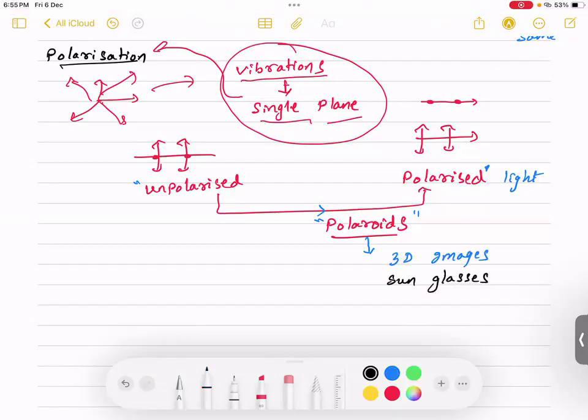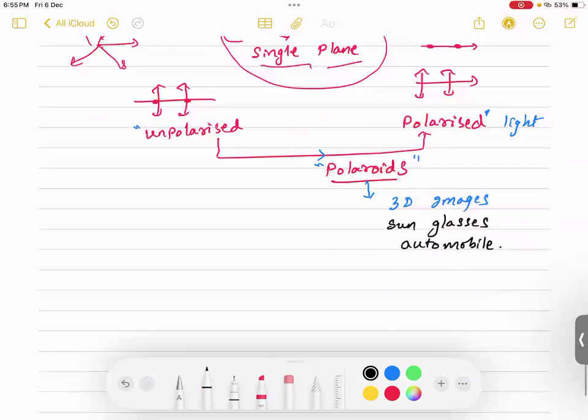It is used in sunglasses, it is used to view 3D images, it is also used in automobiles to remove the glare. So if they ask to mention any two uses of Polaroids, what will you write? Sunglasses, 3D images and automobiles.